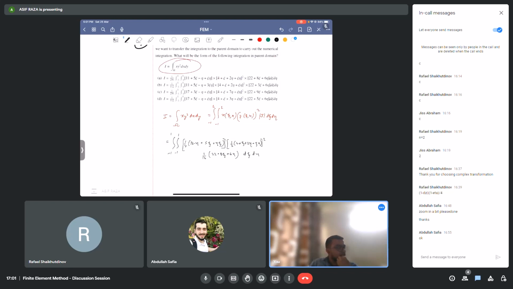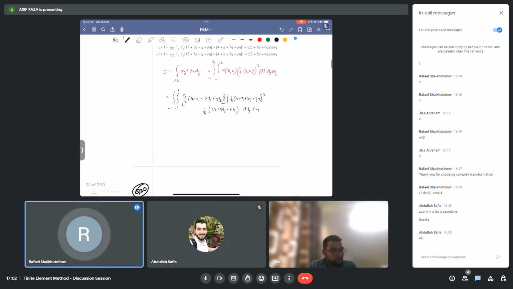One point of integration in Gauss gives us order of what? I forgot this actually.